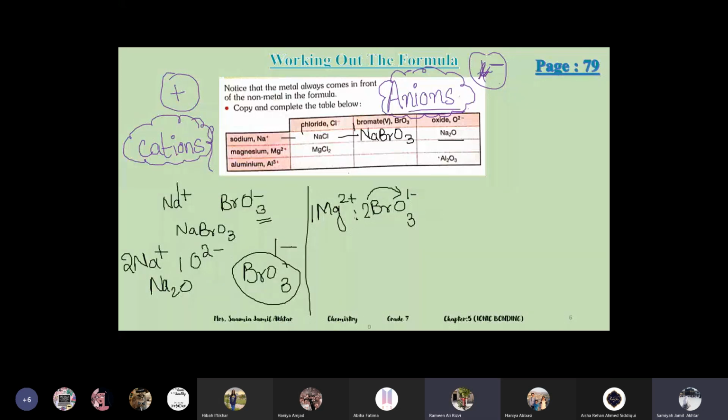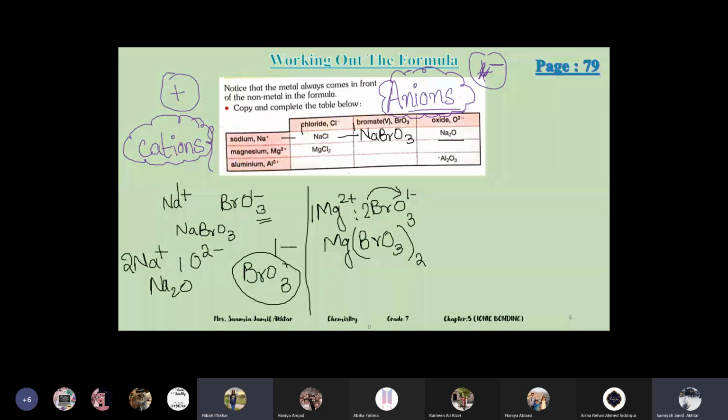So what will be the formula? It will be Mg, then BrO3 in brackets, because this is together. These are big molecular ions.